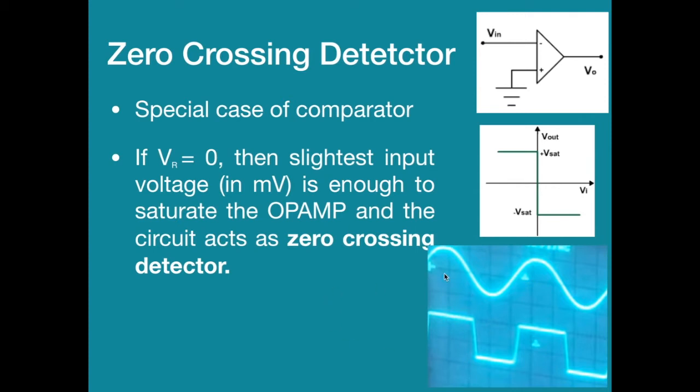You can see here, this is positive cycle and negative cycle, and whenever the cycle crosses 0, the saturation level goes from positive to negative, right? So whenever the input crosses the 0 line, it goes above 0 or it goes below 0, then saturation level changes, and that is why the circuit is termed as zero crossing detector. It detects the zero crossing of the input waveform, that is Vin.